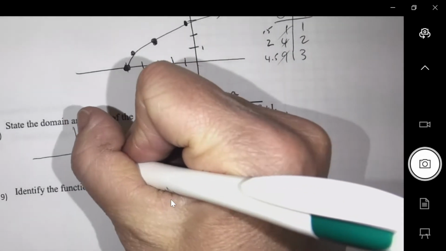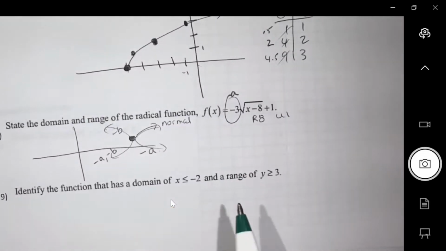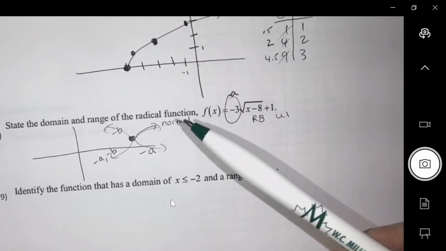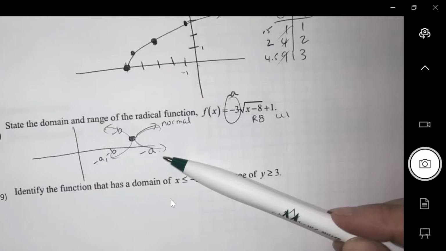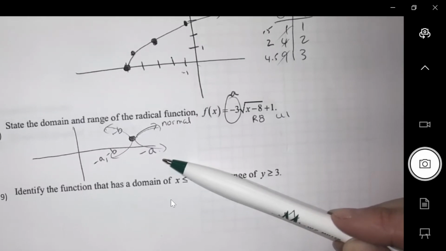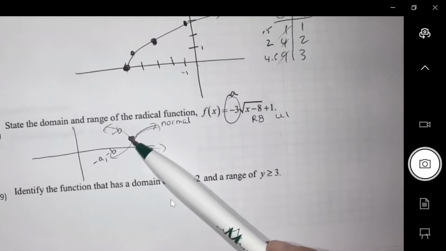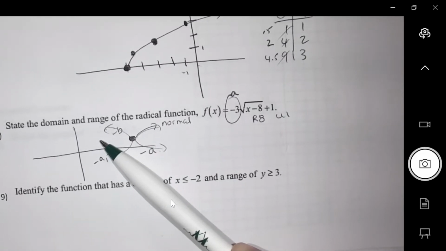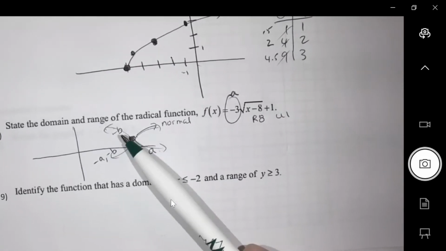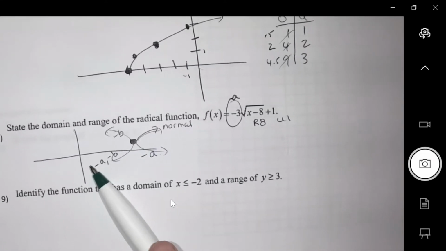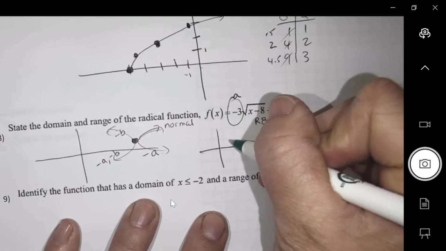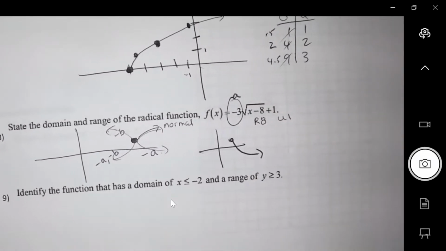Both negative. Does this make sense? To get it to go down, you change your Y's, which changes A. To get it to move left, that means changing X, which is a B. To get that pattern to go left and down, you're changing both. Okay, so now we've determined that this is the one that we picked, the A.